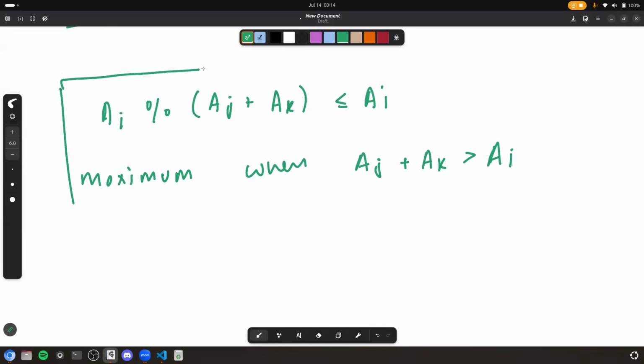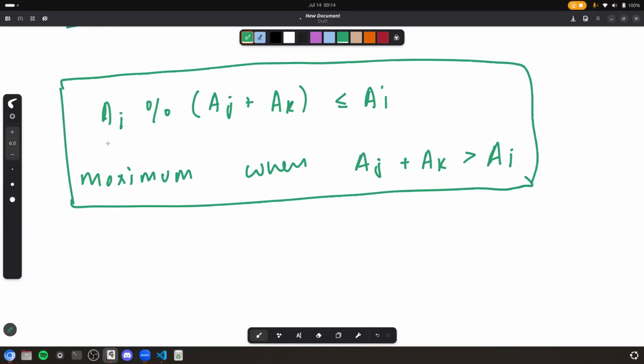So we need to find the maximum answer, right? For an AI, we should choose AJ and AK such that AJ plus AK is greater than AI. Then the answer would be maximized, because this function is always less than or equal to AI and it is equal to AI when AJ plus AK is greater than AI.